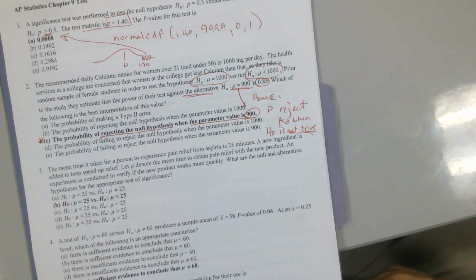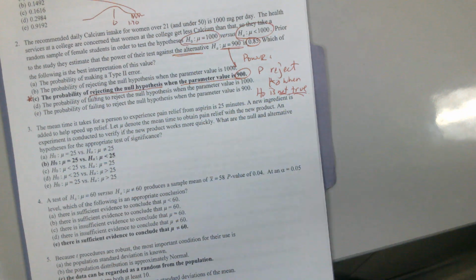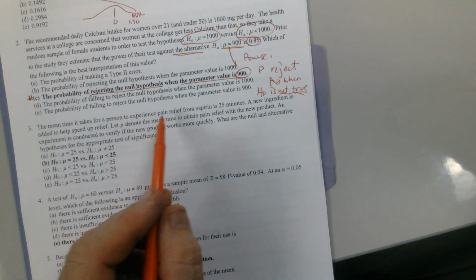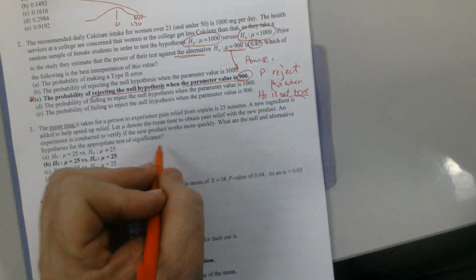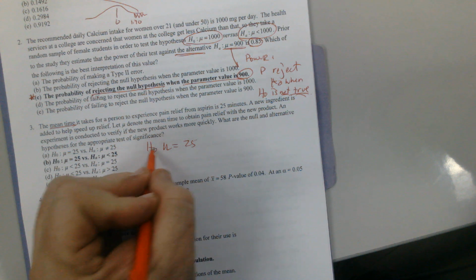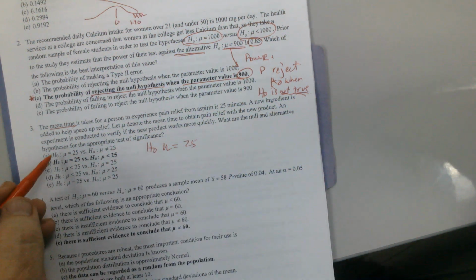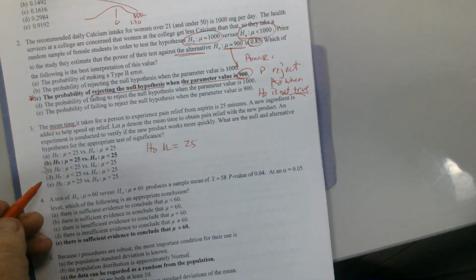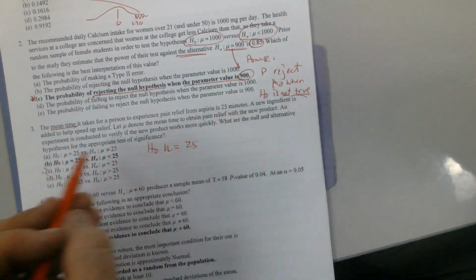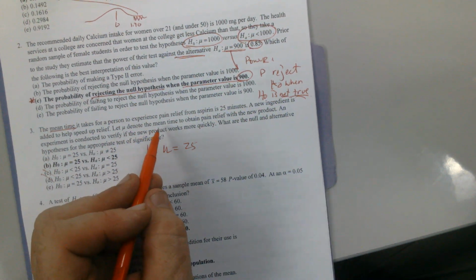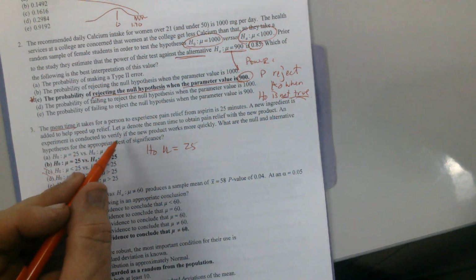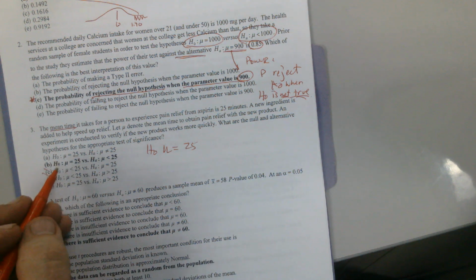All right. So let's look at the next one here. So we've got mean time. Mean, we're automatically at mu is equal to 25. That'll be our H of O right off the bat. So we know that. So this one's gone, just because of the less than. New ingredient is added to speed up, denote the mean time to obtain pain relief. An experiment is conducted to verify if the new product works more quickly.